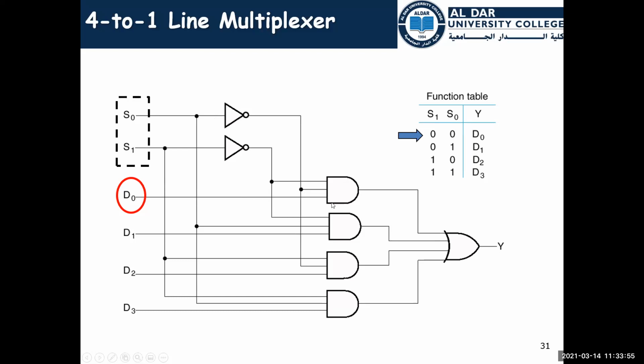So the output will be D0, and the D0 value will be passed to the output Y.